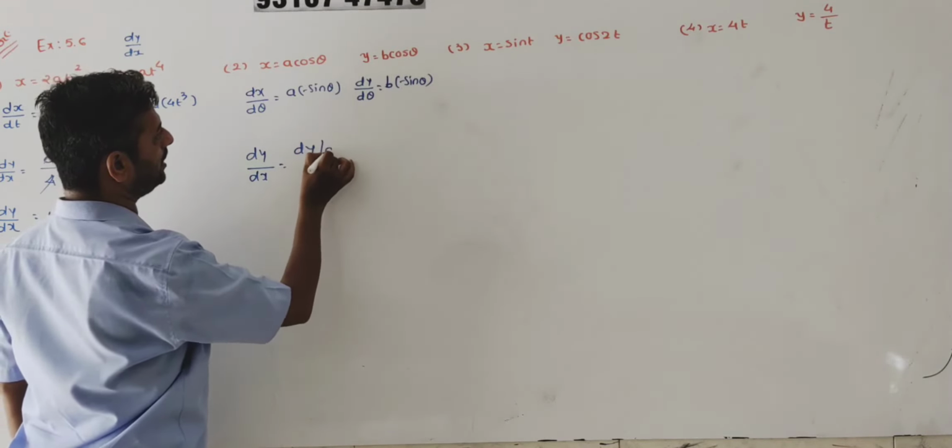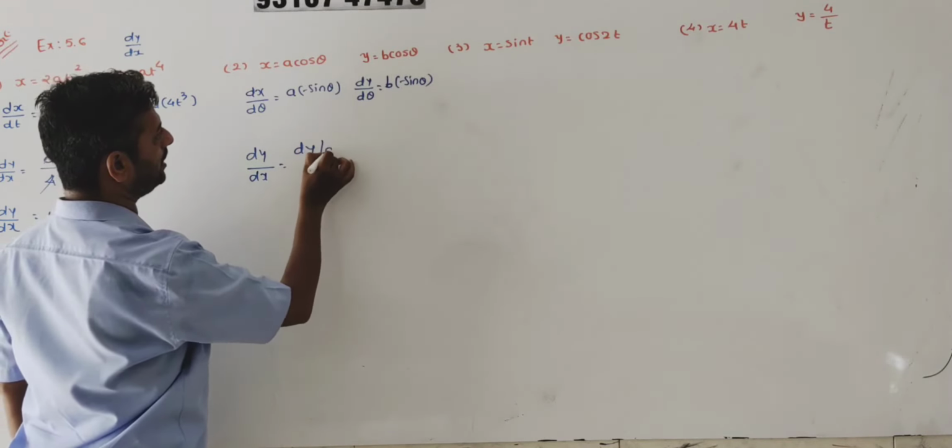Now if I go ahead, then 2 sin theta by 2 cos theta by 2, and here 2 sin square theta by 2. This and this are cancelled, this and this are cancelled. So minus cot theta by 2. This is the 6th. Now the 9th. The 7th and 8th we are going to do afterwards.